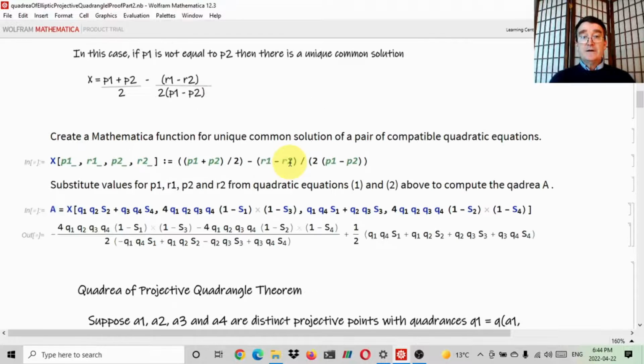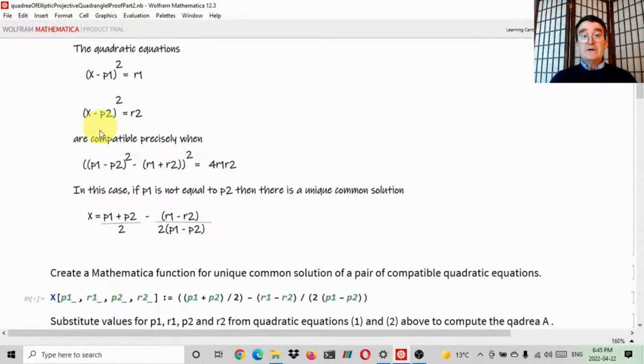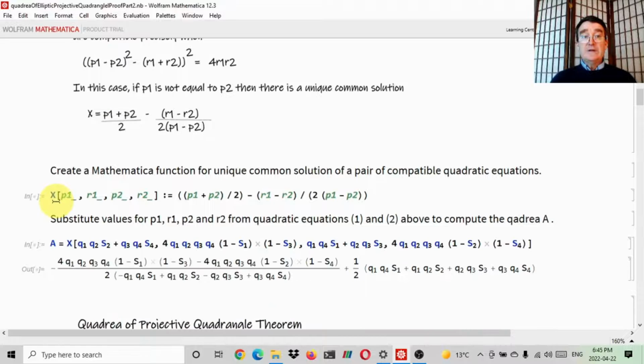Okay, so we went through the definition of the quadratic compatibility theorem in the previous video, and we saw that we had this expression for x. The common solution is given by this expression in Mathematica, which is just this formula right here.